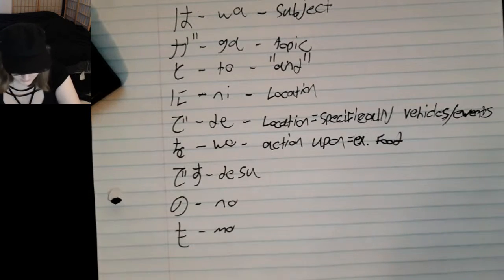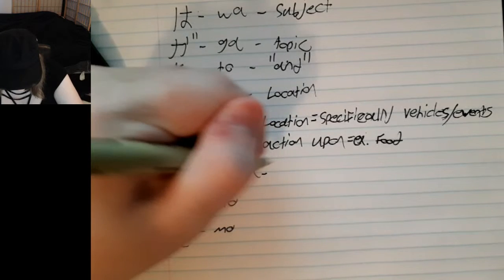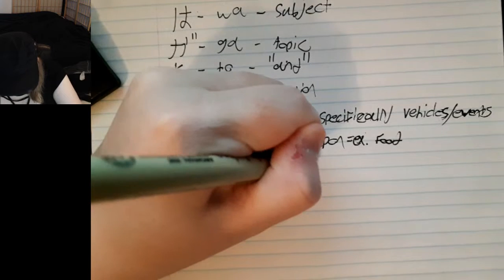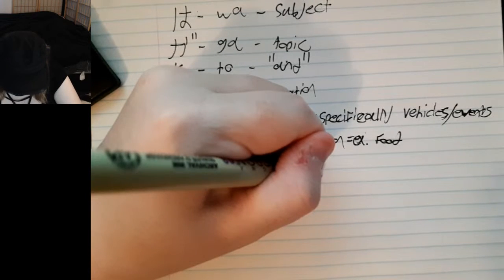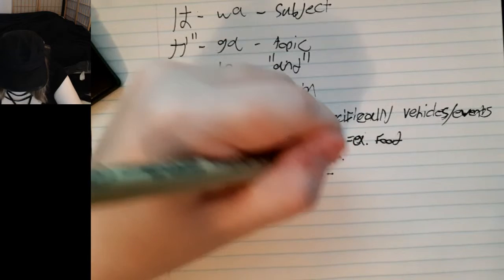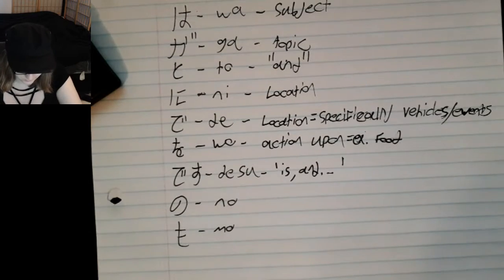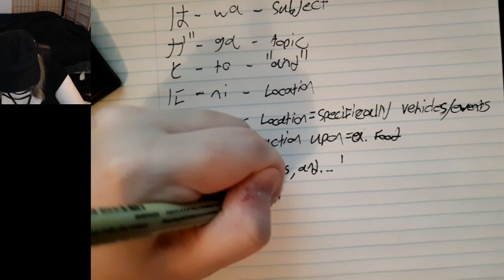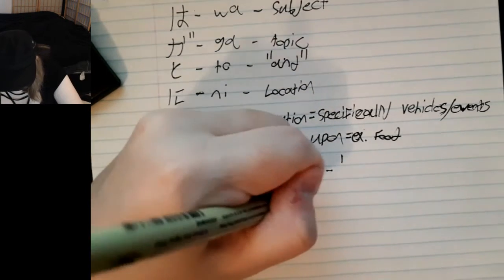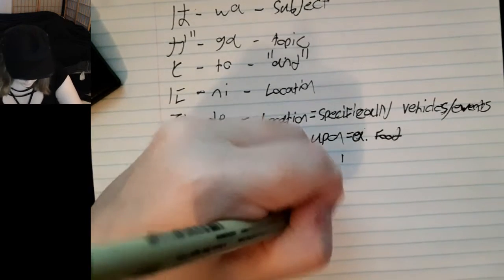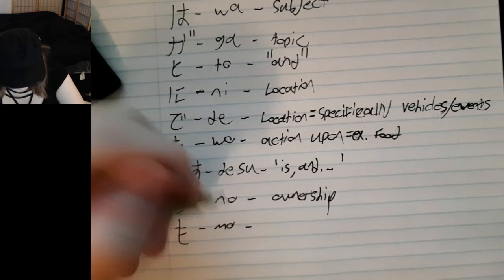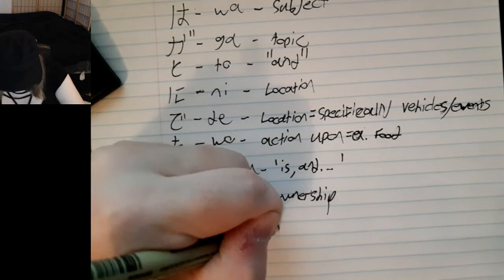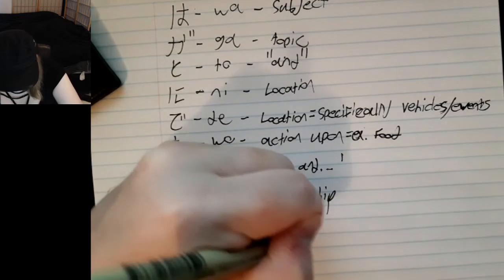Action upon, desu, no, which deals with ownership, and mo, which normally is things like me too or as well.